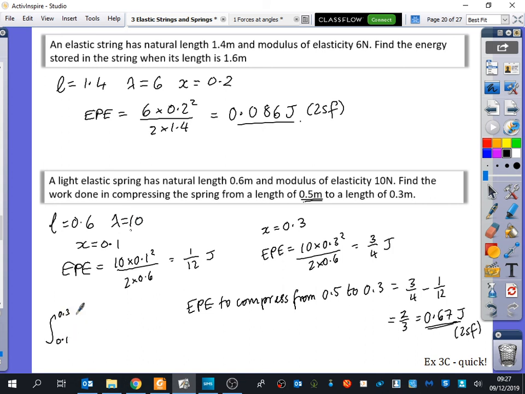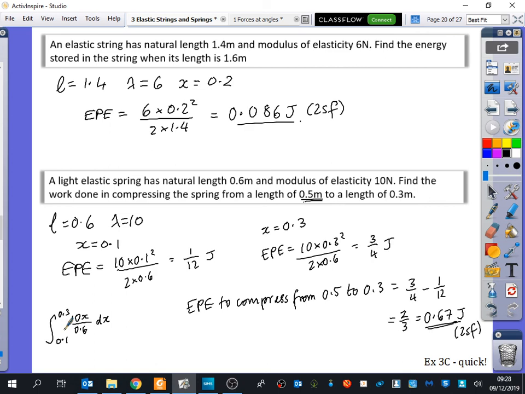We're integrating lambda x over L. The reason I've used x in here is because I haven't used x elsewhere, so you could use s if you wanted to. So that's technically what we're doing here, but I think it's a little bit easier to see it just from using the formula.